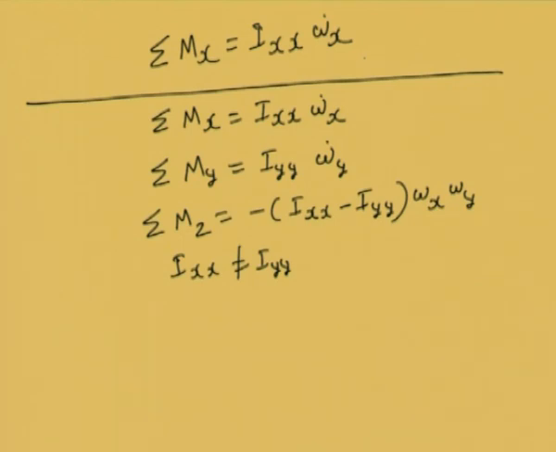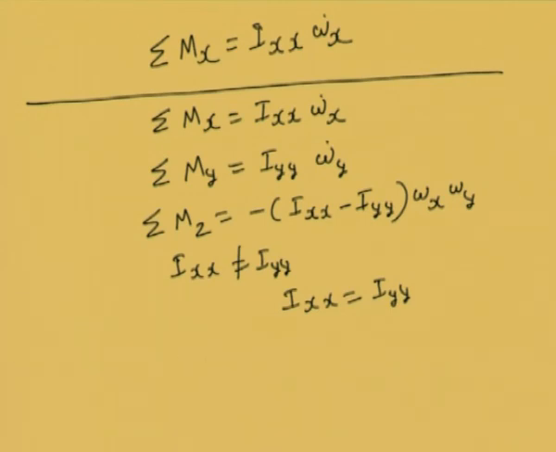However, sigma Mz will be present if Ixx is not equal to Iyy. If Ixx is equal to Iyy, then sigma Mz will be 0 in the case of constant rotation about two axes like x and y. Otherwise this will be the case.